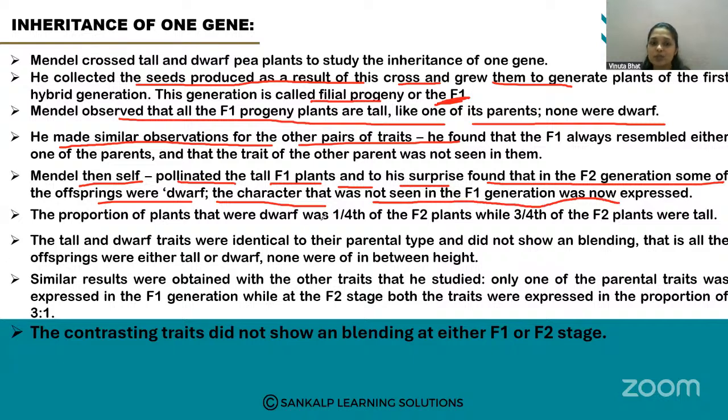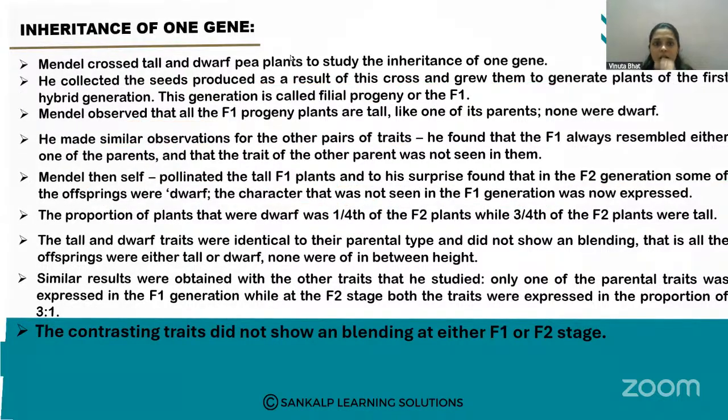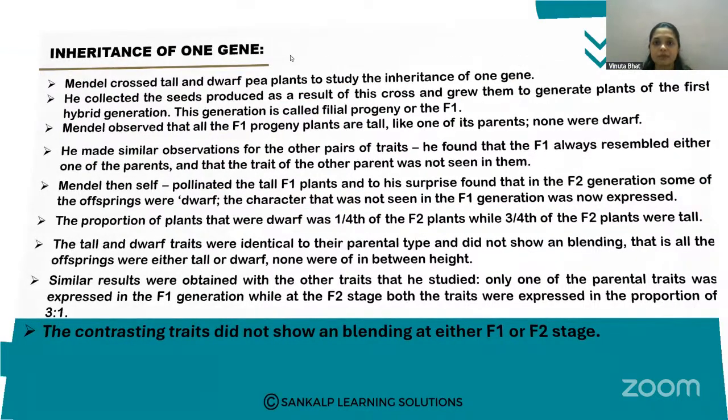So in the F2 generation, 1/4 of the plants were dwarf and 3/4 of the F2 generation plants were tall. So let us study here. Let us take the tall plant. Tall plants crossed with the dwarf plant.